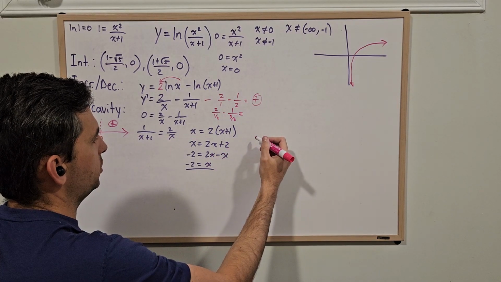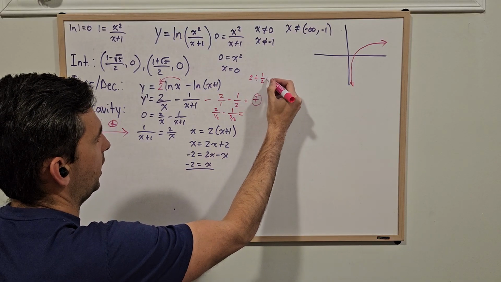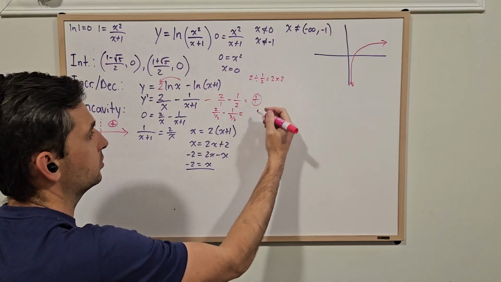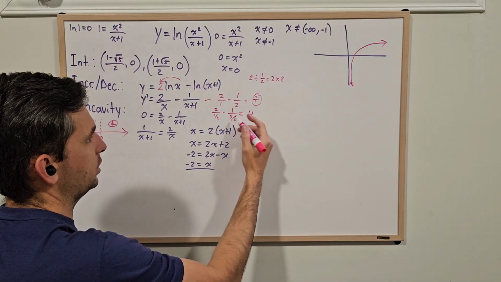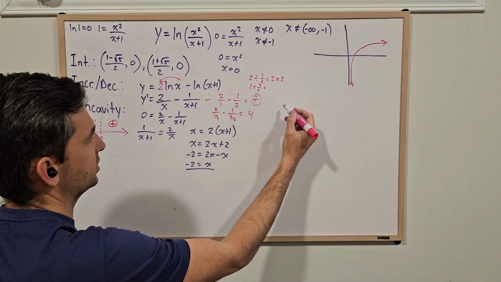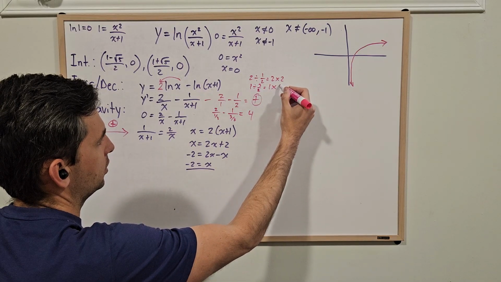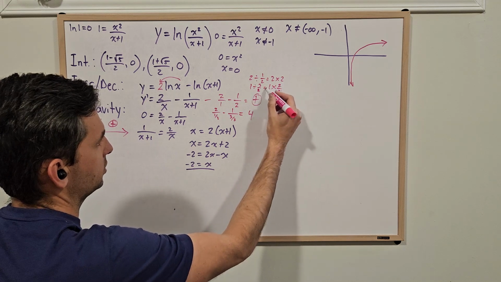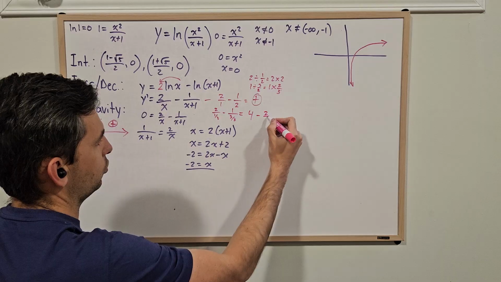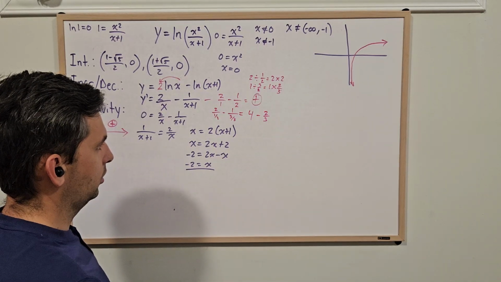To change this, that's 2 divided by a half, which is the same as saying 2 times 2, so that's going to be 4. And here we have 1 divided by 3 over 2, which is the same as saying 1 multiplied by 2 over 3. So that's going to be minus 2 over 3.